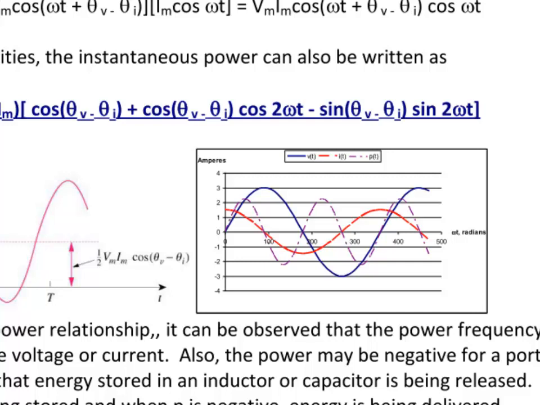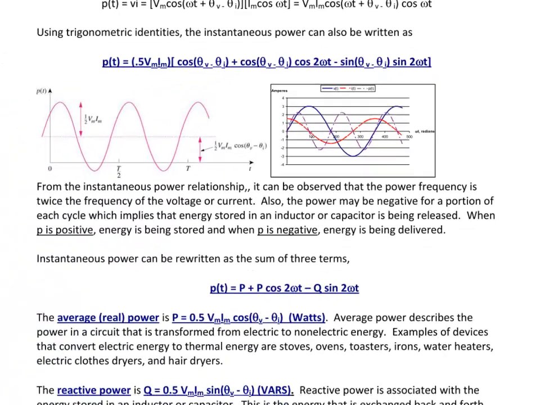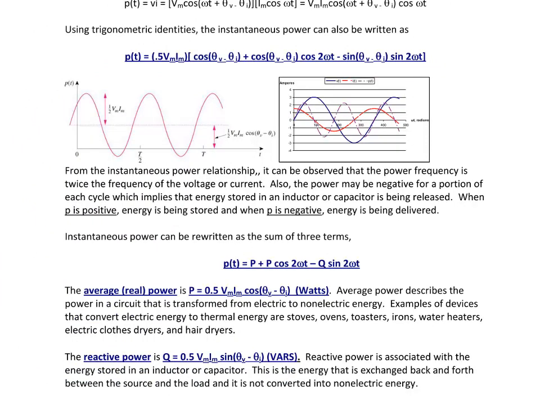The other thing you should notice is that the amplitude of the sinusoid is 1/2 V sub m I sub m. The power may be negative for a portion of each cycle, which implies that the energy stored in an inductor or capacitor is being released, or it may be positive when the energy is being stored.